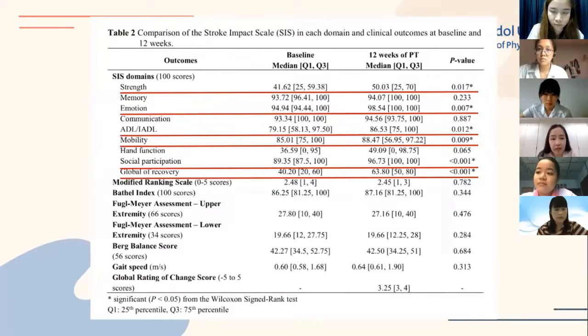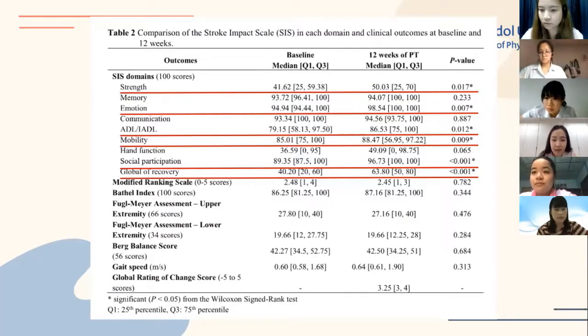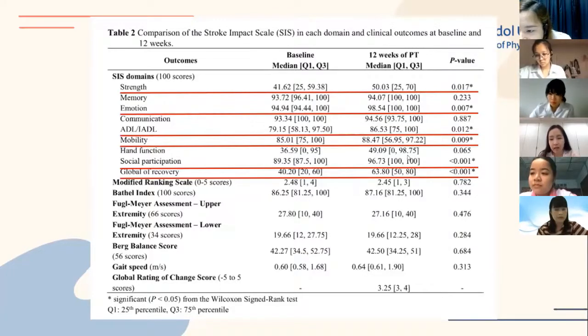And then when we look at the Berg Balance Scale or gait speed, we couldn't see the improvement. So is there any reason why you find the improvement when you use the SIS to evaluate, but you couldn't get any improvement when you use another assessment?